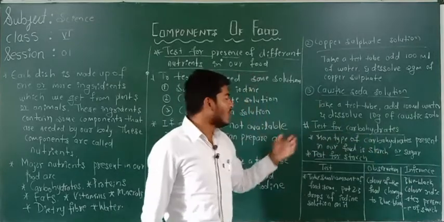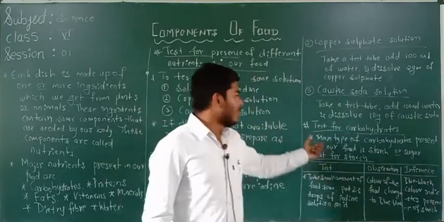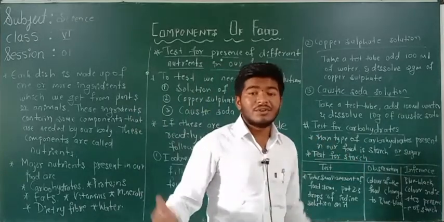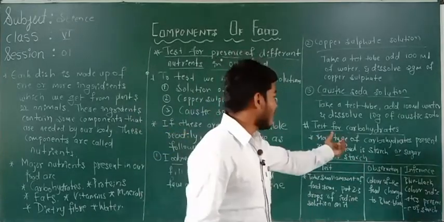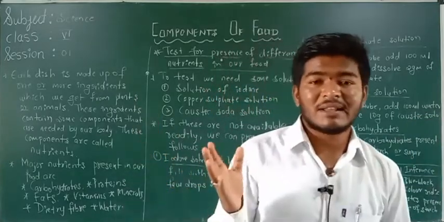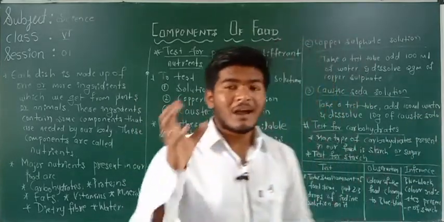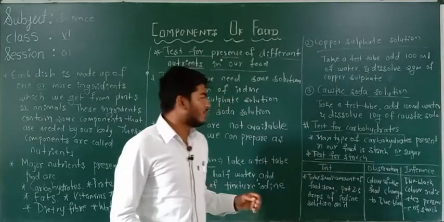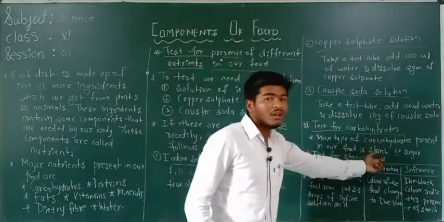Remember that the main type of carbohydrate present in our food is starch or sugar. There are different types of carbohydrates, but the carbohydrate present in our food is nothing but starch or sugar.